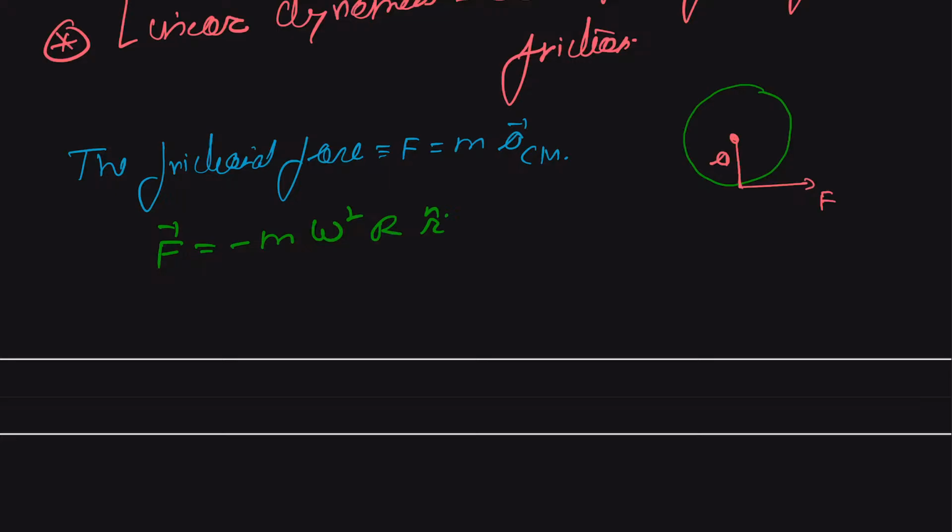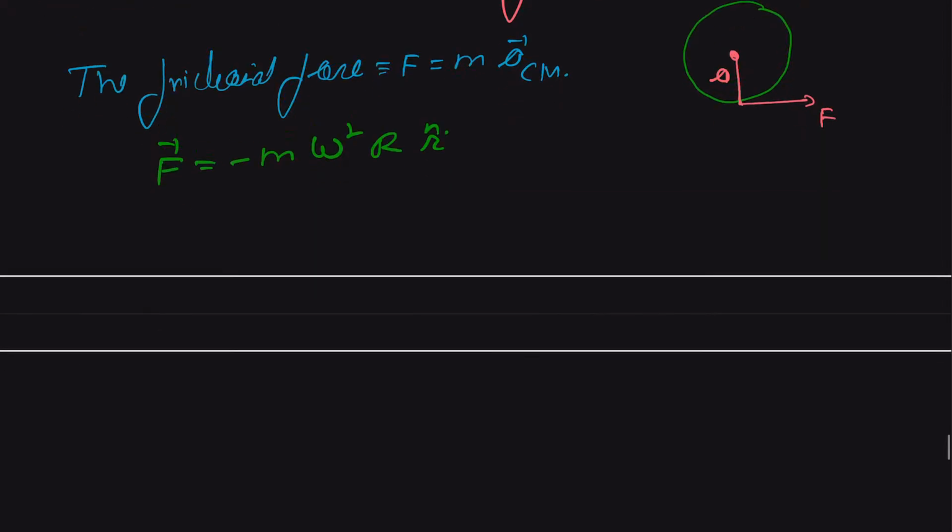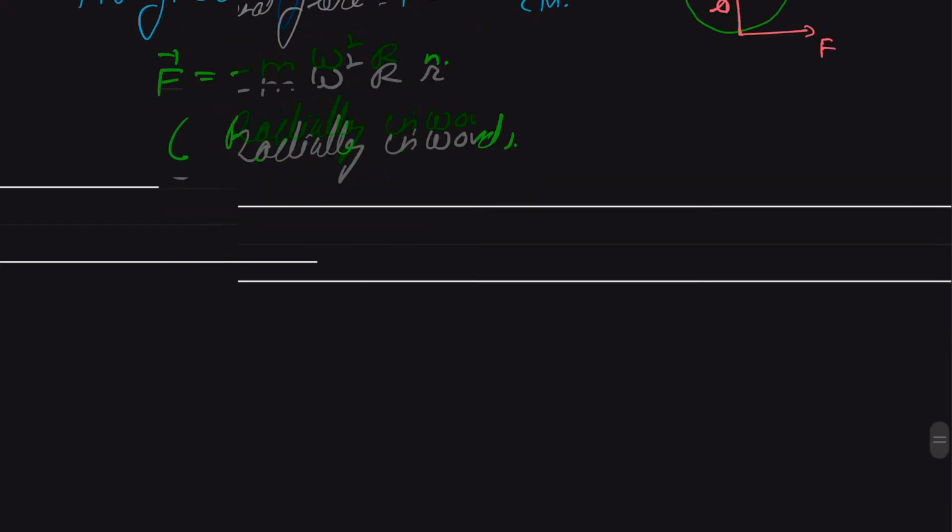So F is going to point radially inward, that is the only meaning of our negative. So we can say radially inward. And now we can easily find out the torque about the center.